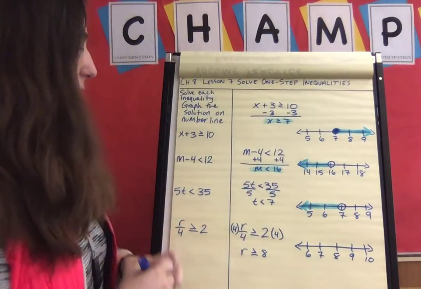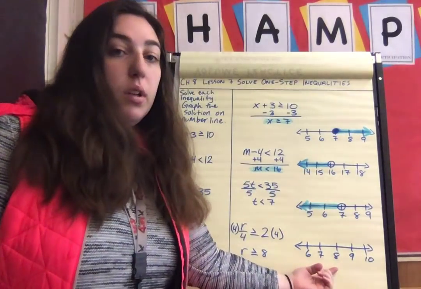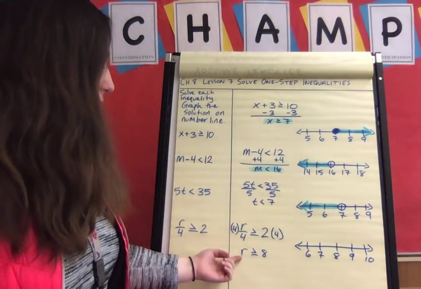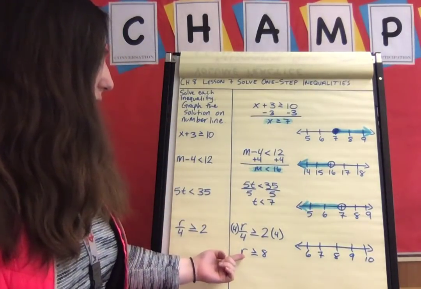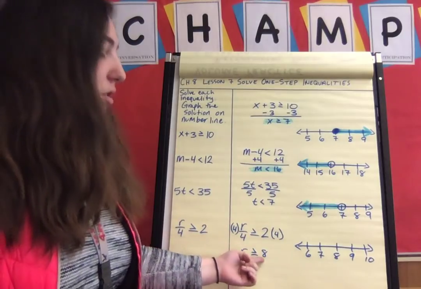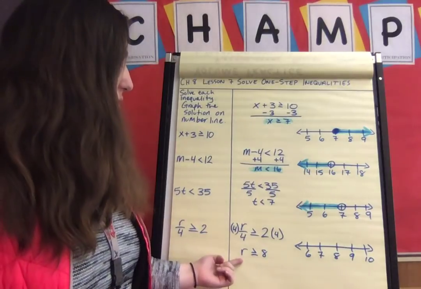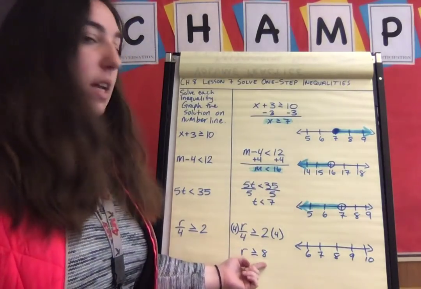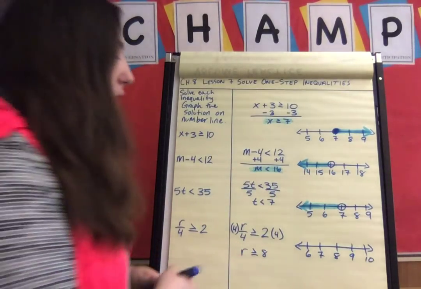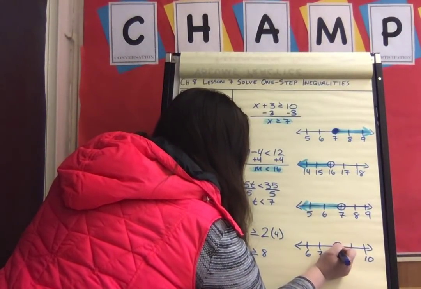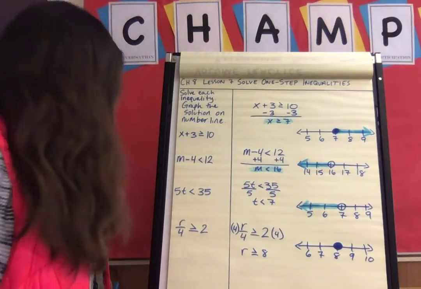On my number line, I'm going to see, do I need to include 8 in my solution or not? So I'm going to plug in 8 for r. Is 8 greater than or equal to 8? Yes, it is true. It makes the solution true because 8 is equal to 8. So we can include it. I'm going to have a closed dot, a closed point.